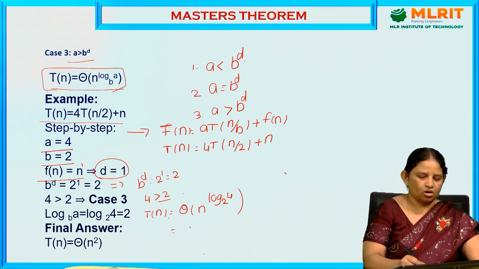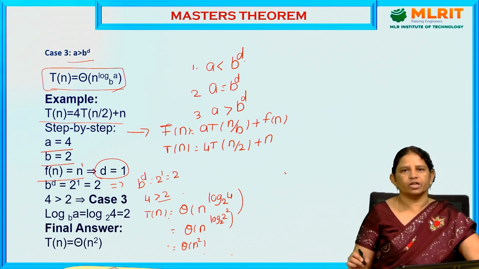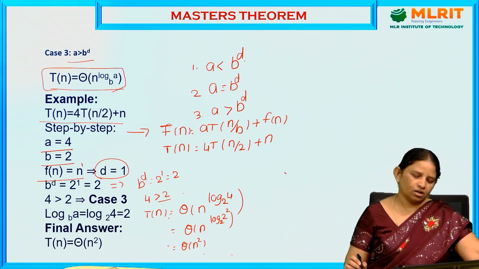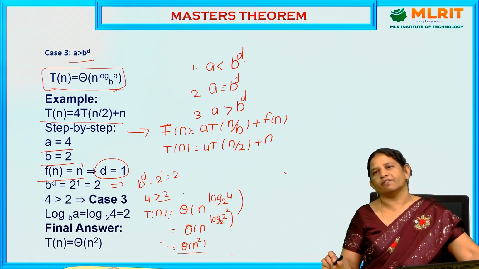That is theta of n to the power of log 2 square, then 2 times log 2 base 2, which is 1. That means theta of n square is the time complexity for the given recurrence relation.